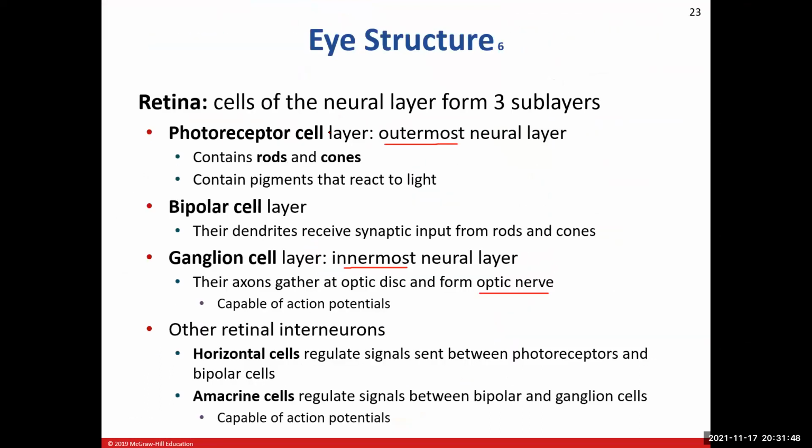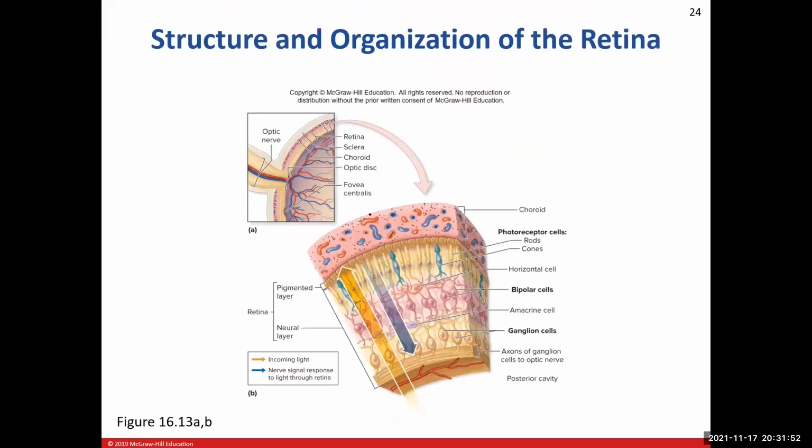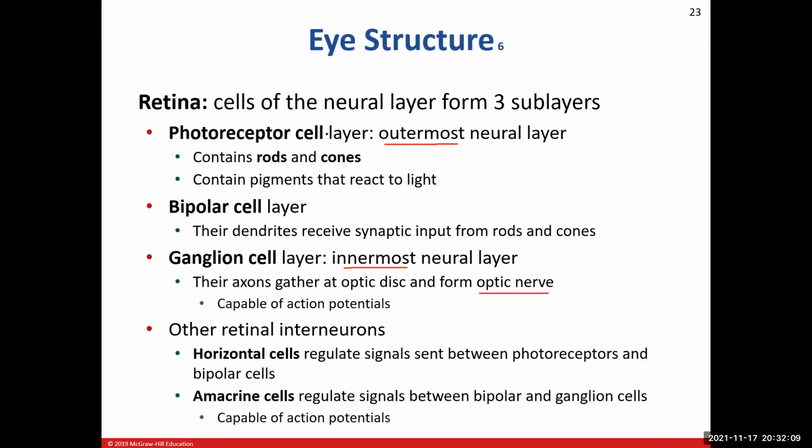So just to review, the photoreceptor cell layer is the outermost layer. That is this layer right here, so that would be over here. Then our ganglion cells will be the innermost layer. They'll be over here. Then after the photoreceptor layer comes the bipolar cell layer.